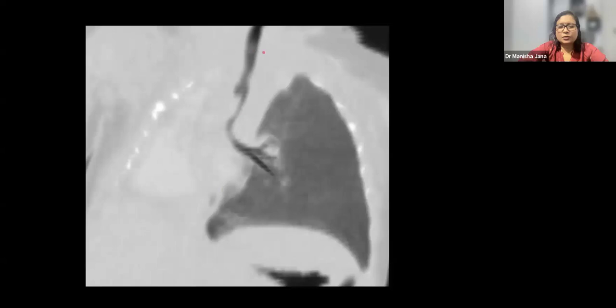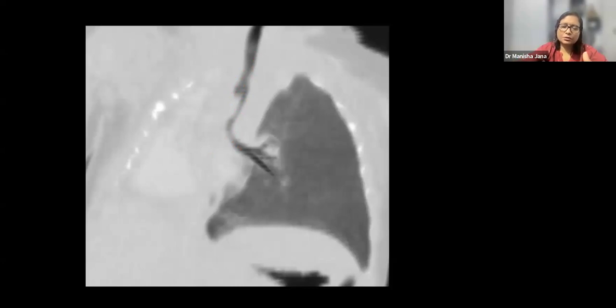On the coronal reformatted MinIP image, we can see the narrowing of the trachea just at the region of the carina, and there is no right main bronchus. So there is a congenital tracheal cartilaginous ring with pulmonary agenesis, and there is a tracheal diverticulum. Whenever we are talking about congenital anomalies, there may be multiple abnormalities coexisting in a single child.